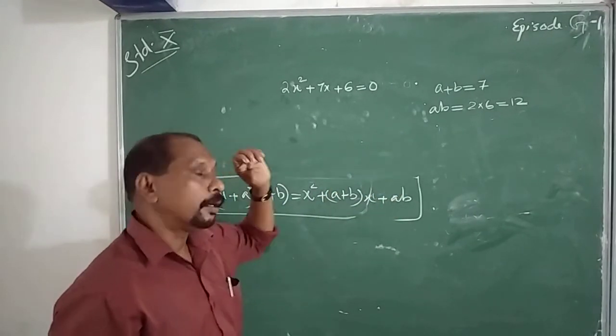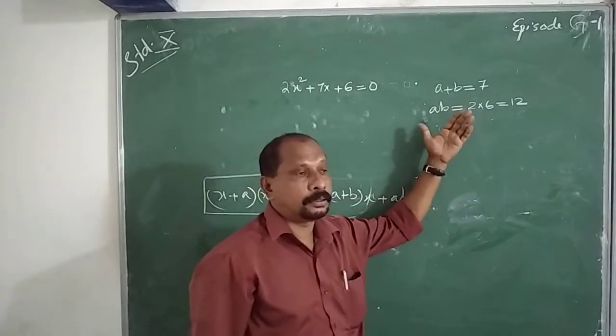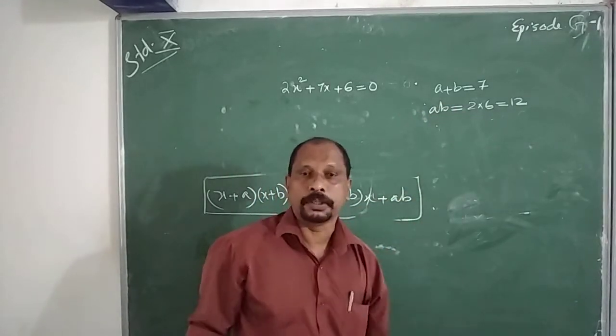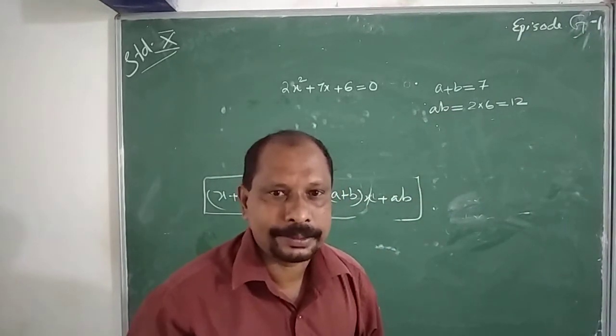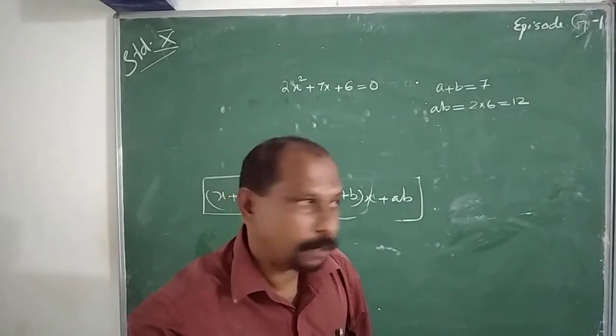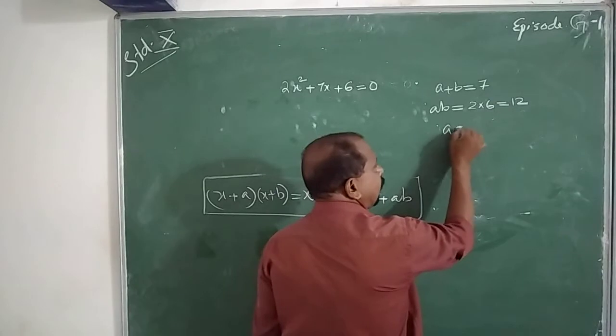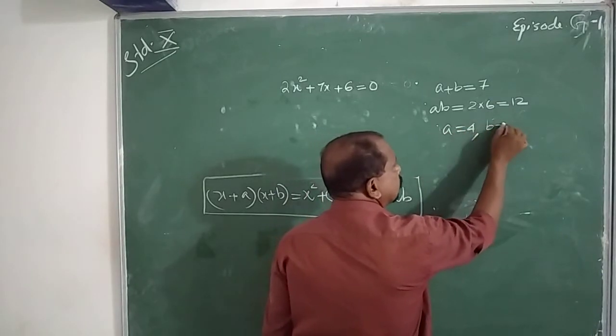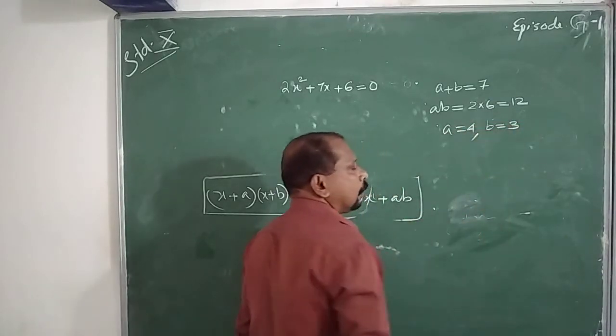Then, using the result, sum is 7 and product is 12. One is 4, other is 3. 4 plus 3 is 7, 4 into 3 is 12. Which implies that a is equal to 4, b is equal to 3.